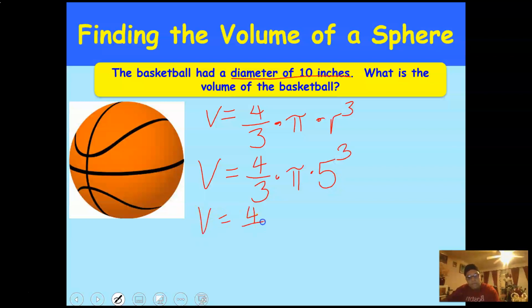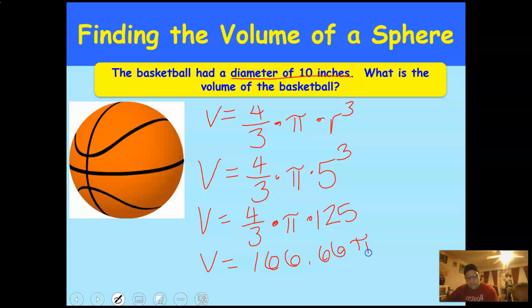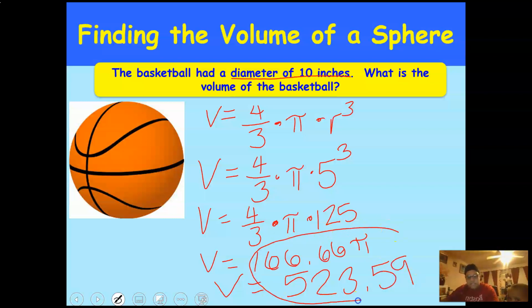V equals 4/3 times pi times 125, and so you have 125 times 4/3, which is 166.66 pi, or V equals 523.59. Once again, I would have accepted either one of those answers.